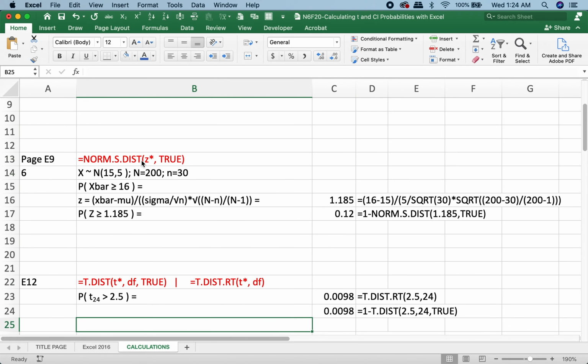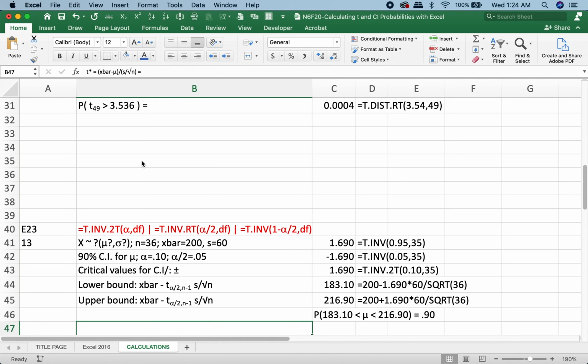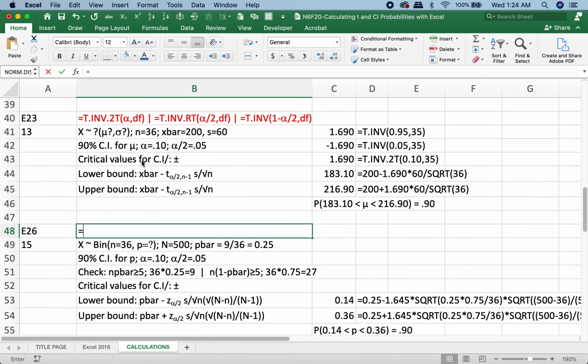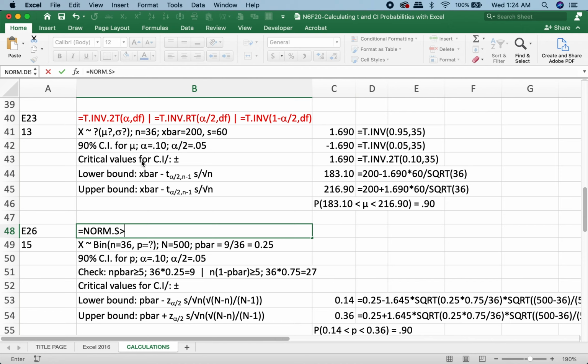So this is going to be a norm.s.inverse, and all it has as an argument here is just your alpha. That's all it is. Okay.